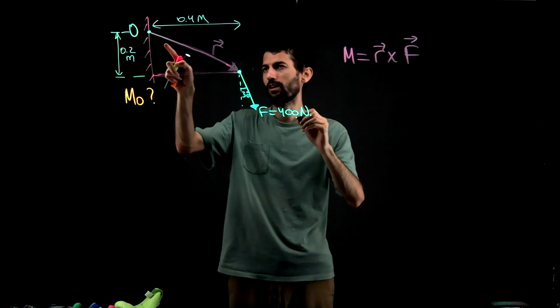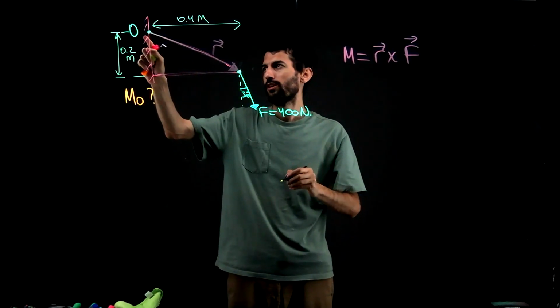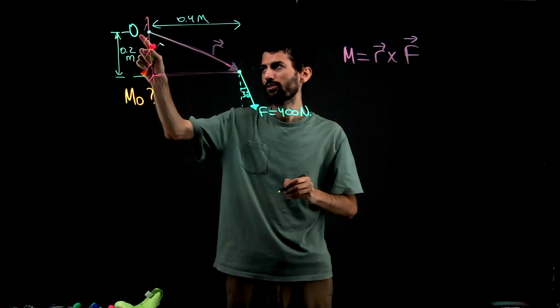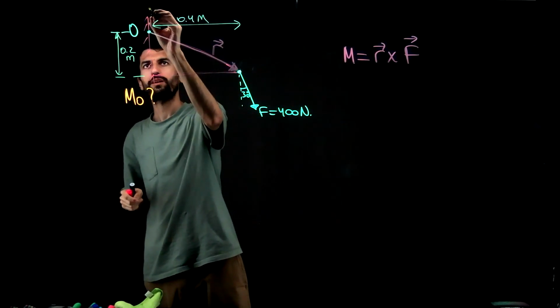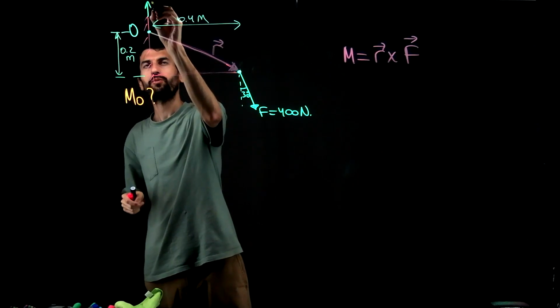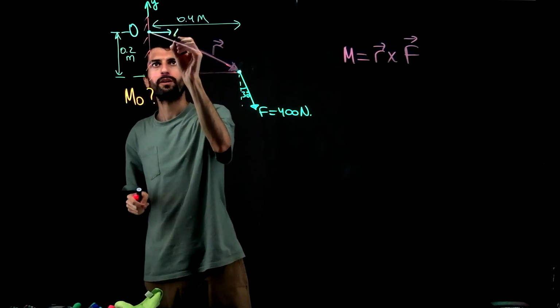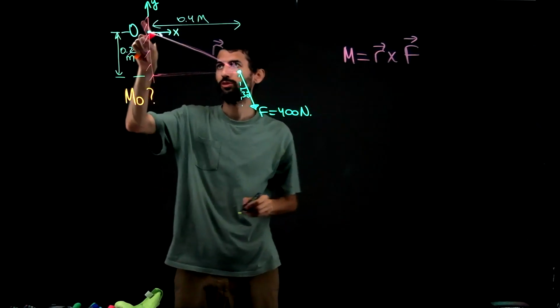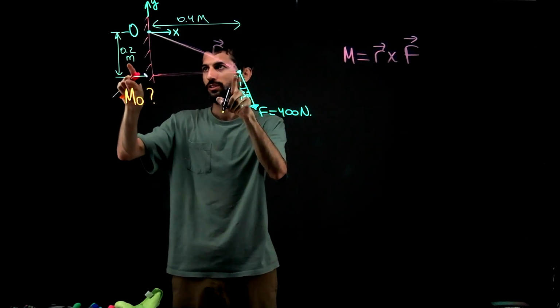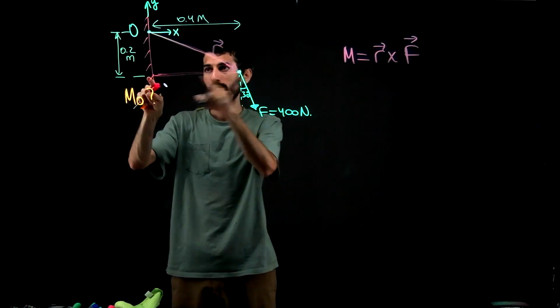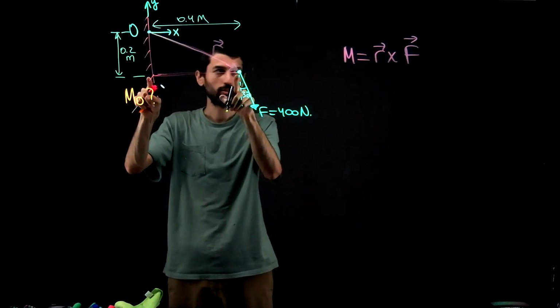To find R, I need to move from point O to this one. I can define this as my y-axis and this as my x-axis. To move from point O to that point, I will go 0.2 steps down and 0.4 steps to the right.